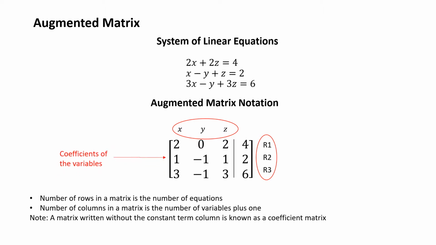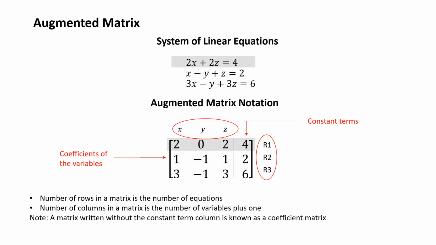The first 3 columns represent the coefficients of the variables, and the 4th column represents the constant terms. A matrix written without the constant term column is known as a coefficient matrix.